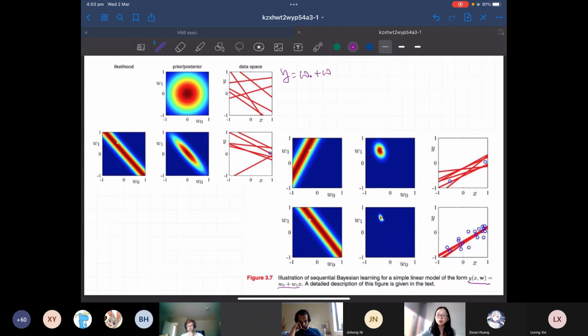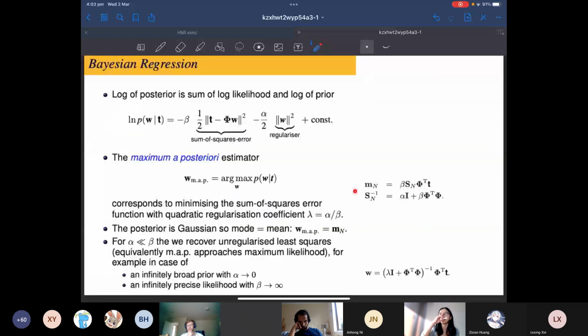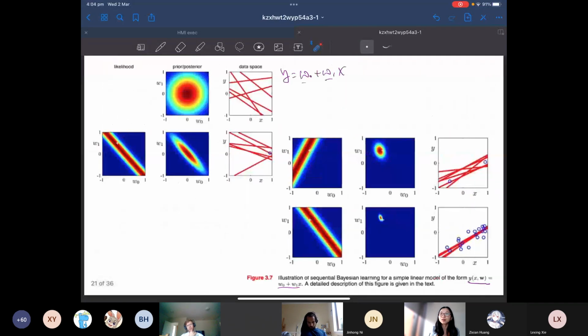If we just sample W1 and W0 from this ball of uncertainty, and then we see a data point here, and we run essentially the Bayesian estimation mentioned on this page, you plug in one data point as phi, it will be a vector, and compute the data likelihood.